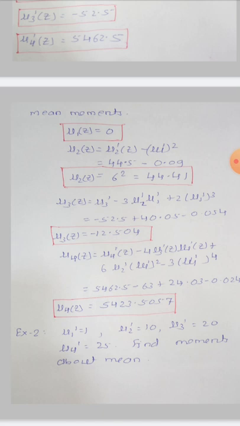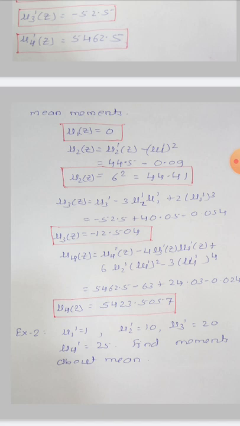The formula to find the second mean moment is mu 2 of Z equal to mu 2 dash of Z minus mu 1 dash square. Now we have already calculated mu 1 dash and mu 2 dash of Z. So it is 44.5 minus 0.09, and this is nothing but mu 2 of Z equal to 44.41, that is sigma square.